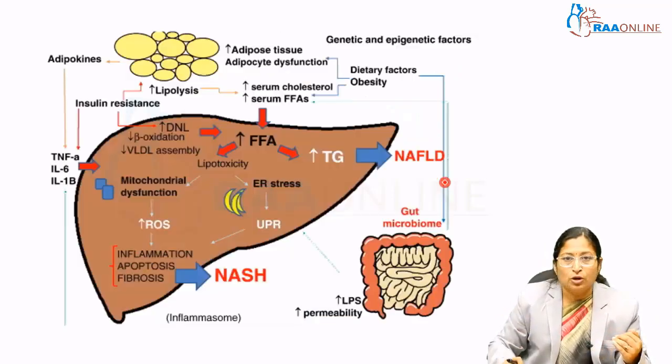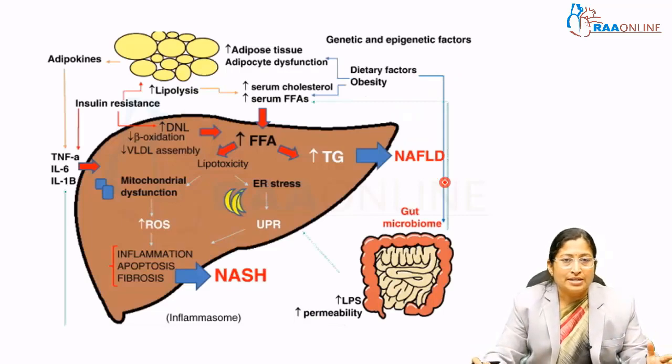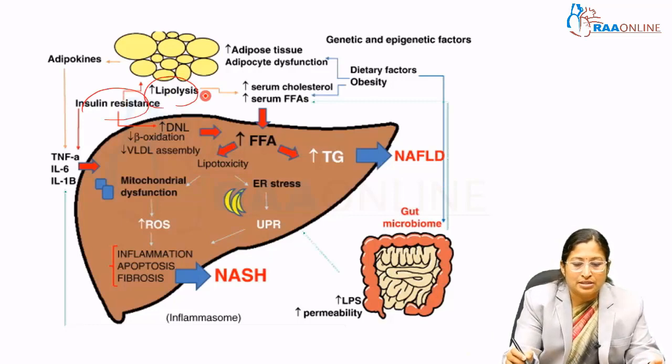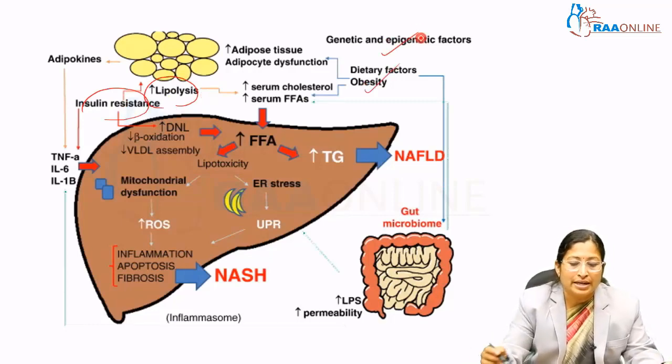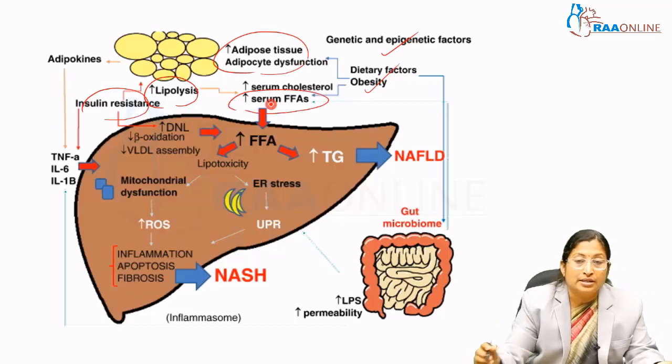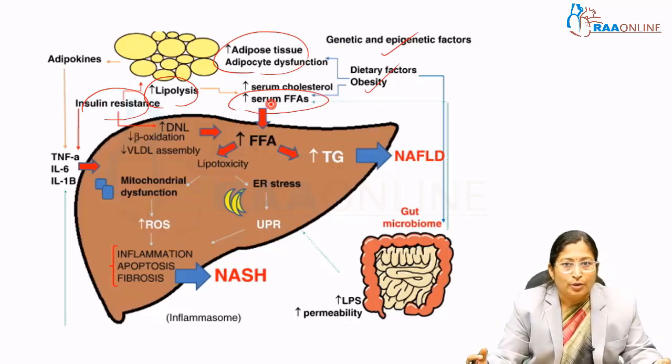Now what happens because of all these factors? As I said again, because of insulin resistance, there is increased lipolysis, and because of genetic factors, dietary factors, and obesity, there is adipocyte dysfunction, and of course increased adipose tissue in obesity. So all these are going to result in increased free fatty acid production.